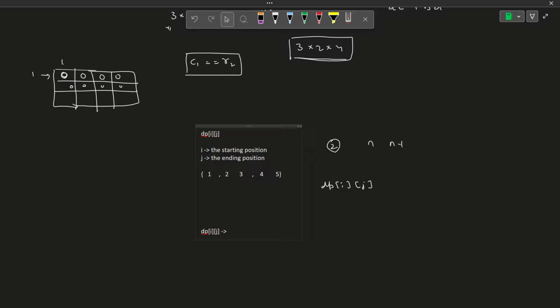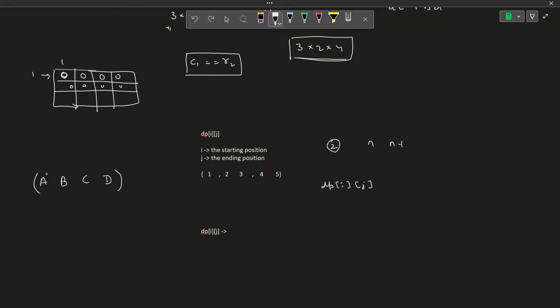Let's say I write the matrices. These are not the actual matrices, just some values, so that is why I am writing them out. Let's say these are different matrices A, B, C and D, right? So we know that dp of ij is going to store the answer for the number of operations for this whole range, right? But how did we reach this particular range? Again, we could have gone through some series of operations.